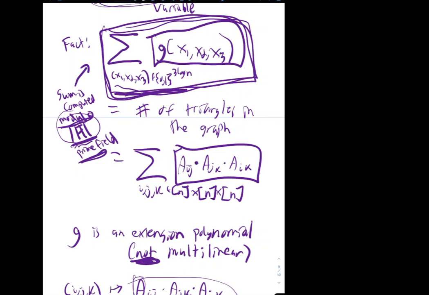These dots? That's just multiplication. The definition of counting triangles said sum over all triples of vertices. Conceptually, if your matrix entries are all 0 or 1, with 1 indicating I is connected to J, and 0 indicating I is not connected to J, this product is 1 times 1 times 1, or 1, if and only if all 3 edges are there.